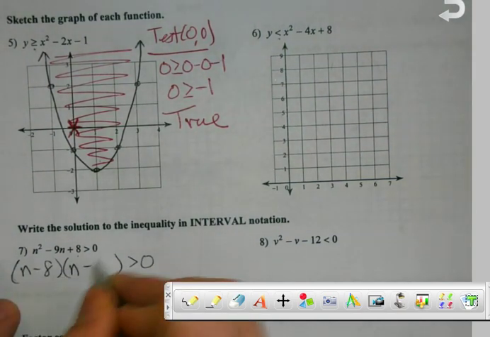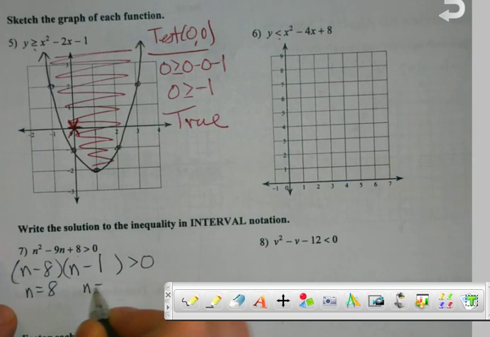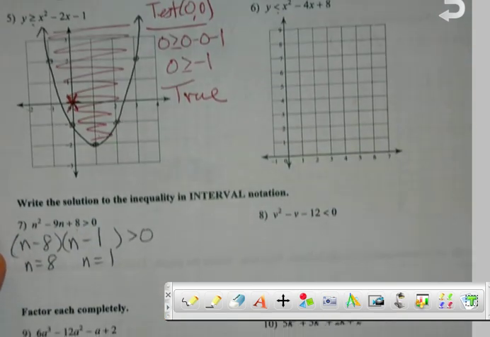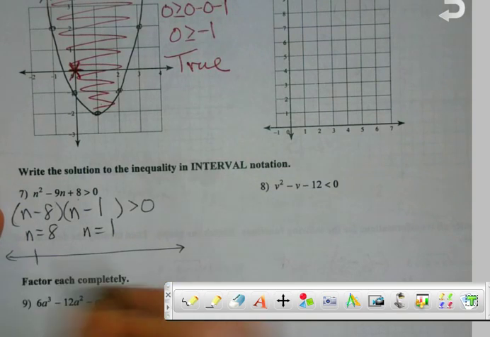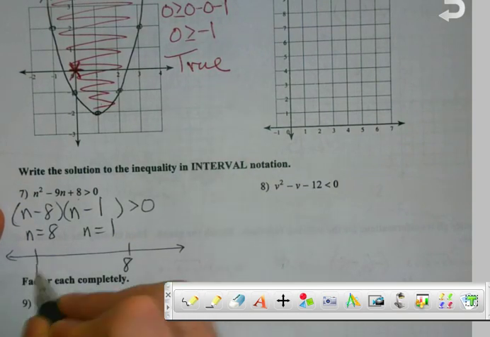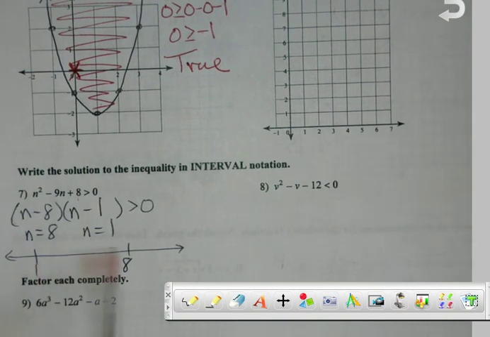Negative 8 and negative 1. So if I solve this, if I set each of those equal to 0, I get my 2 zeros. And I'm going to make a quick sketch here. When you do these, for your interval notation, it's either going to be between these 2 points, or it's going to go out from each of them.